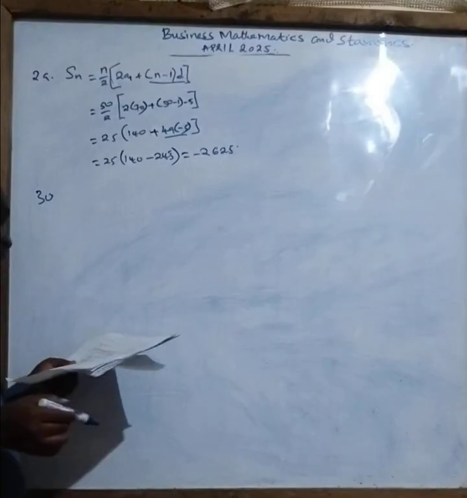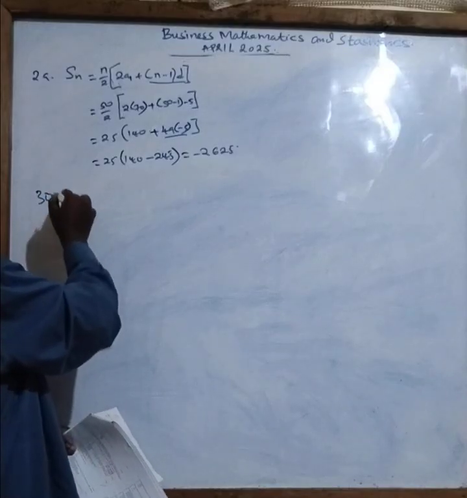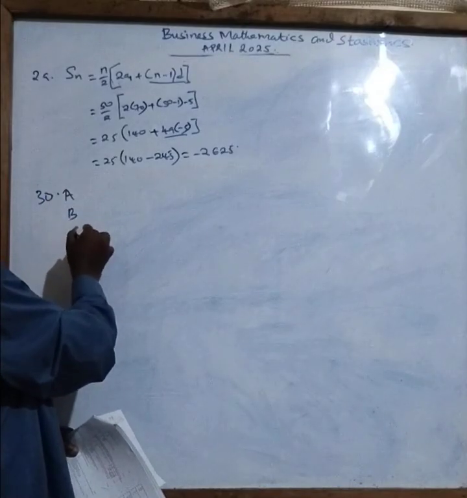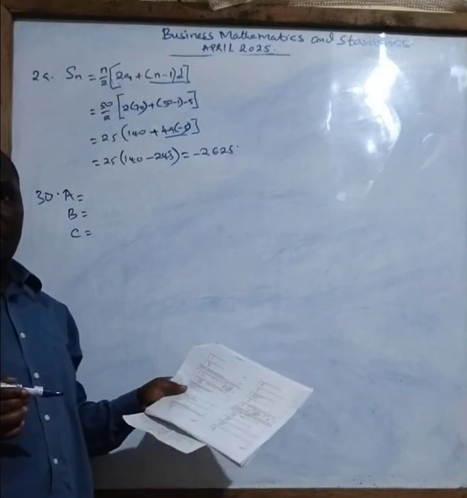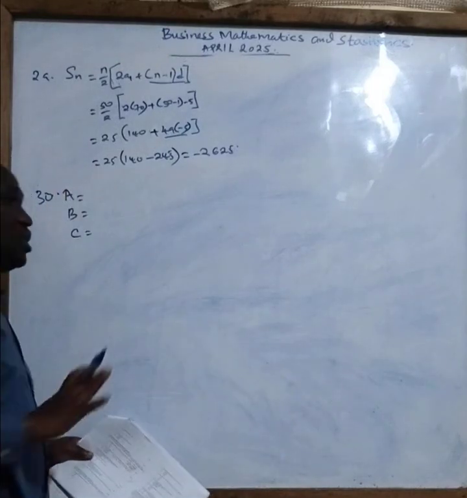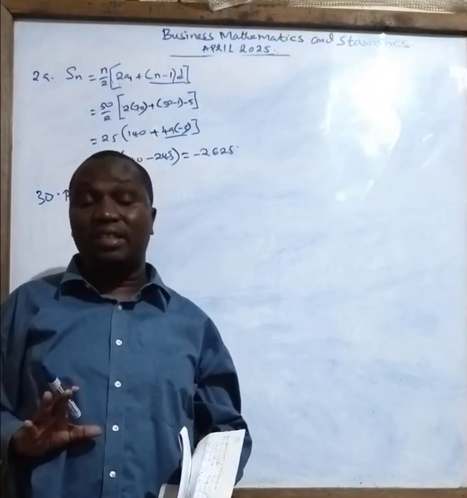So in this case we have been given partners. We have partner A, partner B, and partner C. So we need to form equations for us to solve this. These 3 partners are going to contribute 1,080,000 as capital.